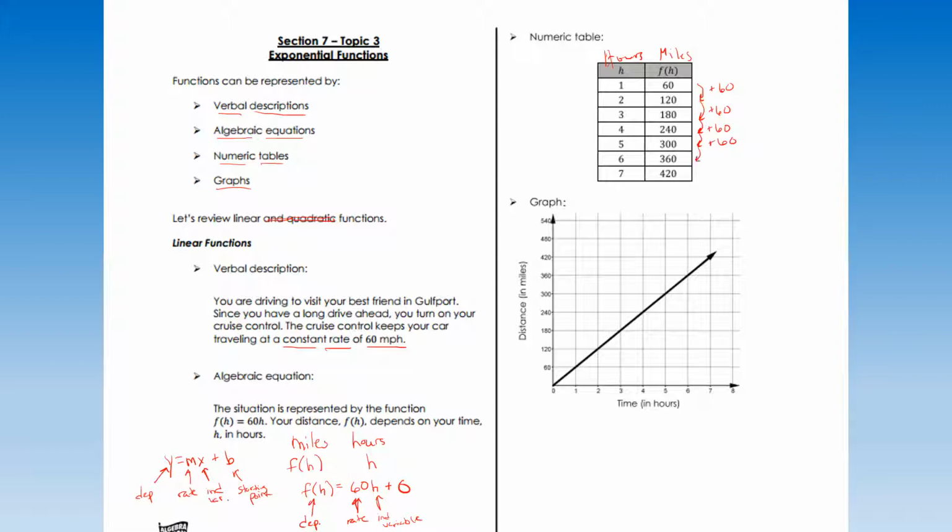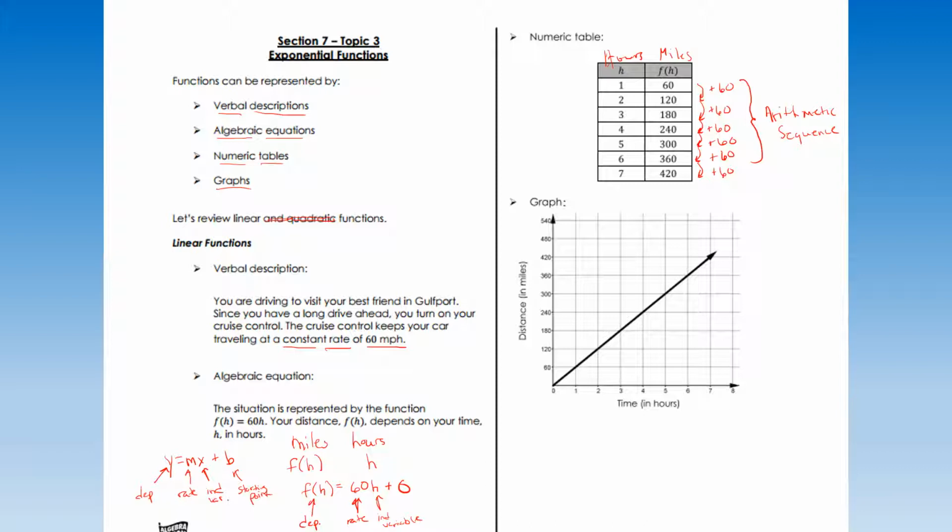Okay. And if you think back to the last video on arithmetic sequences, remember arithmetic sequences used addition just like this. Okay, so that means that this linear function here is an arithmetic sequence with a common difference of 60. Okay, so you see how all of this ties together.